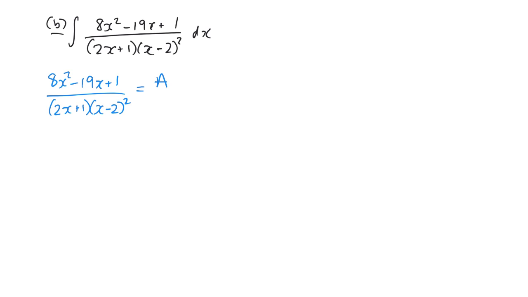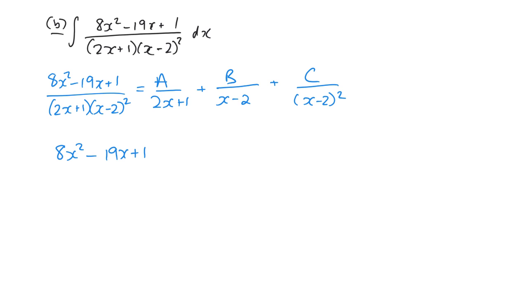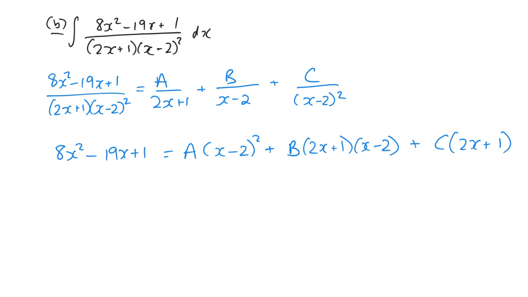So we say that's a over 2x plus 1 plus b over x minus 2 plus c over (x minus 2) all squared. So our next line would be a times (x minus 2) all squared plus b times (2x plus 1)(x minus 2) plus c times (2x plus 1).